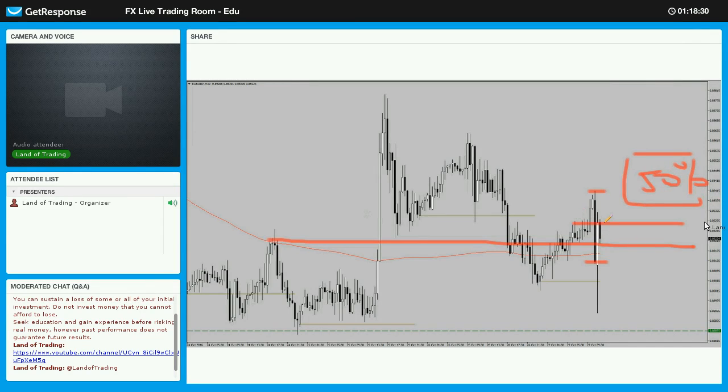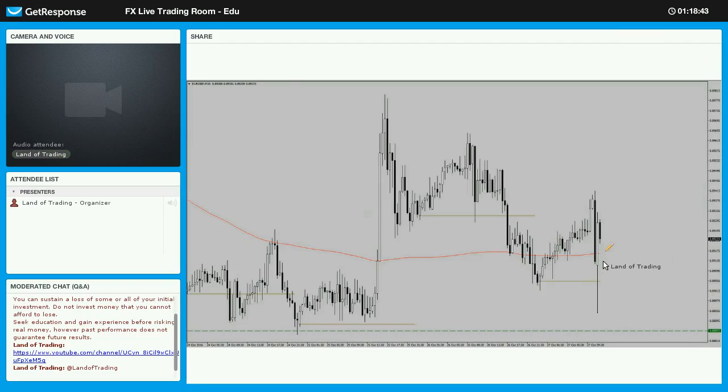That was 27 somewhere here, right? And that's why I joined the move to the downside. Now, the risk is of 20 pips.